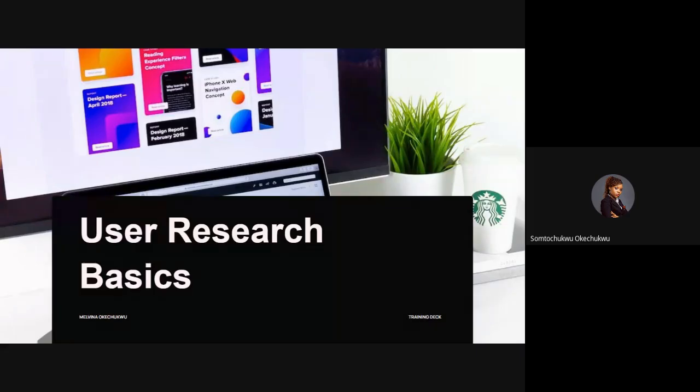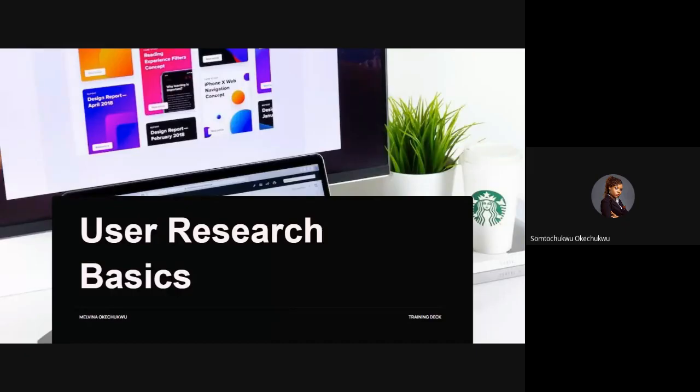Someone asked a question on Saturday about user research. So the person wanted to know, how do you go about research if most of the things a designer or a product designer has to do is to understand your users? So how do you go about this? What does user research entail?